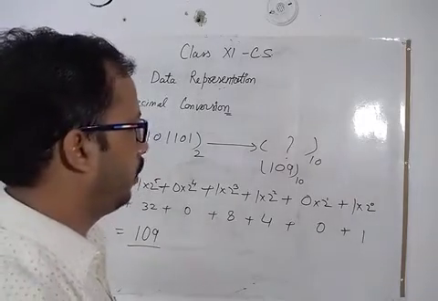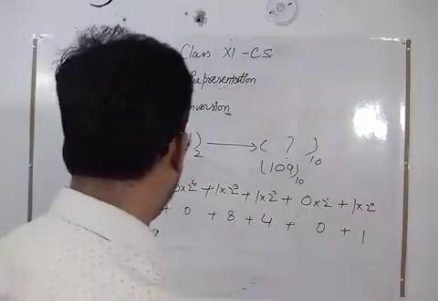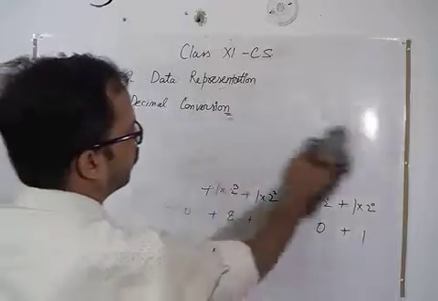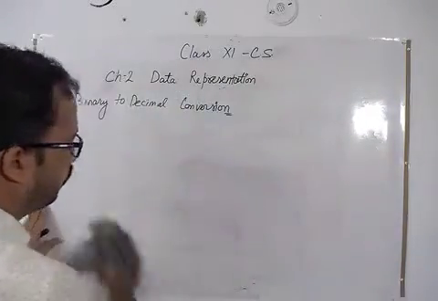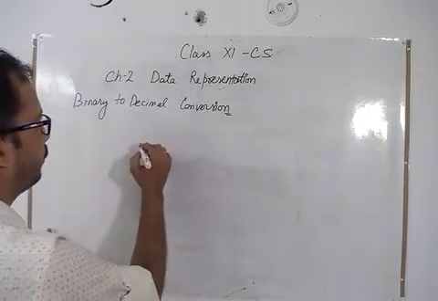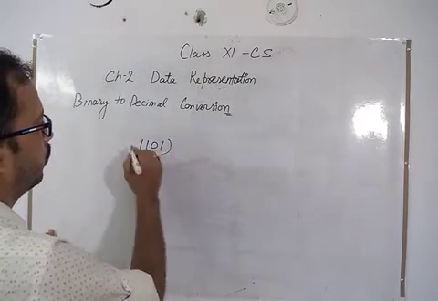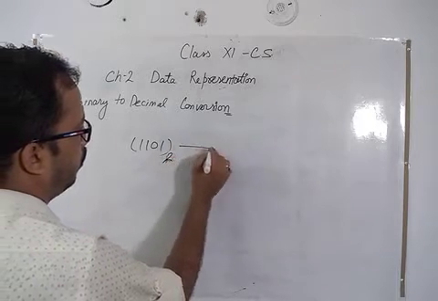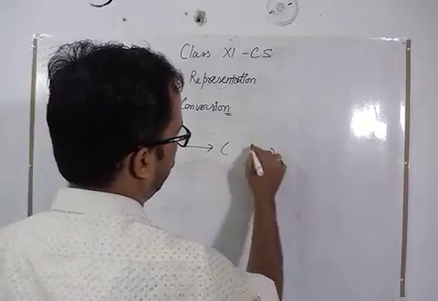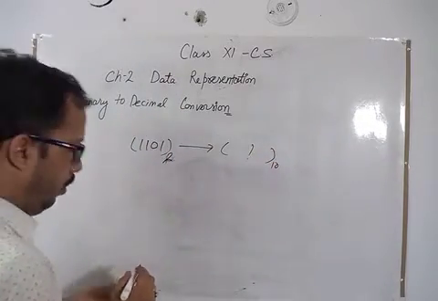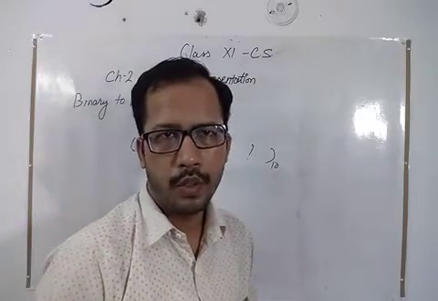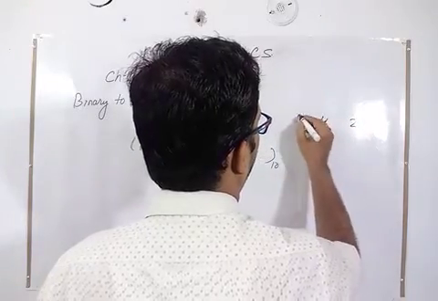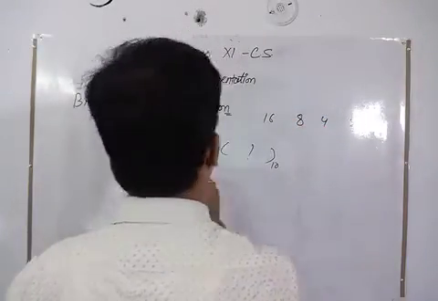Okay, or you may have another number. Next example. Suppose you have a number in base 2. As I told you, the table of powers of 2 is 1, 2, 4, 8, 16, and we have only 4 digits.